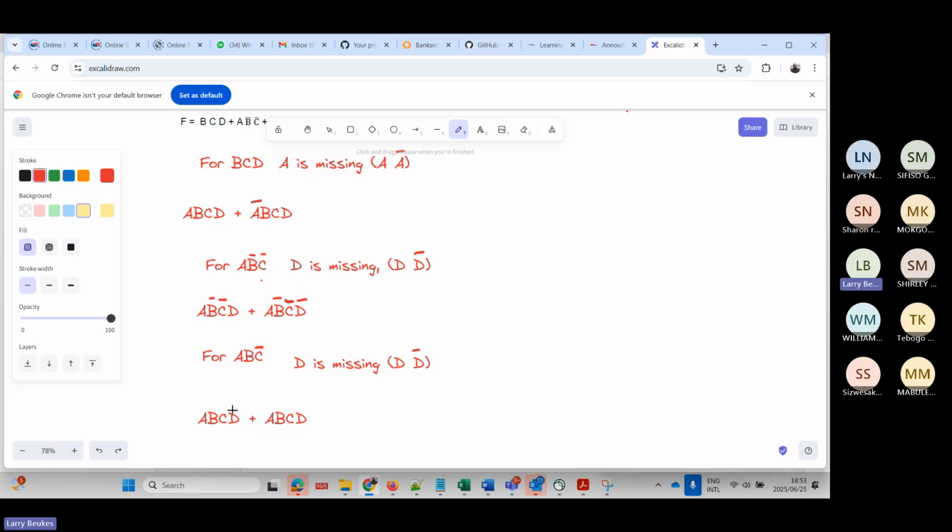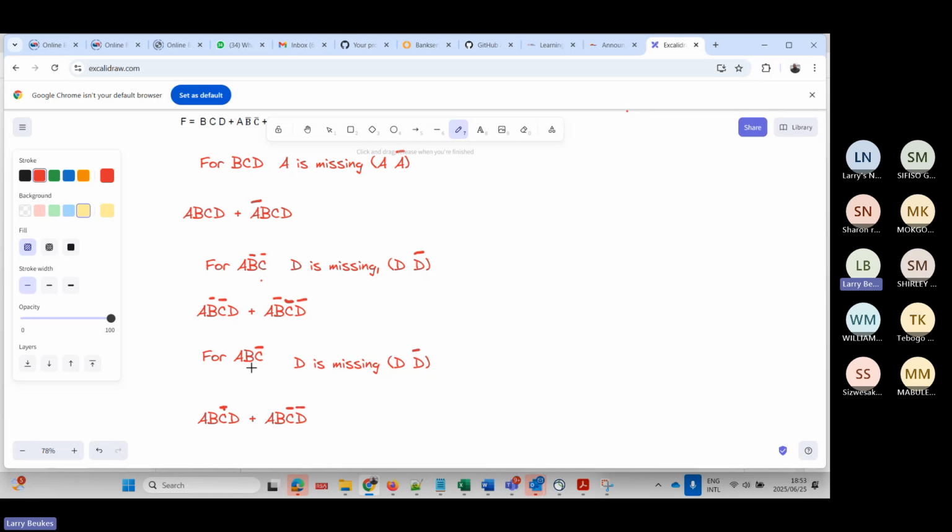So the first one, the D is high, and the second one, the D is low, right?